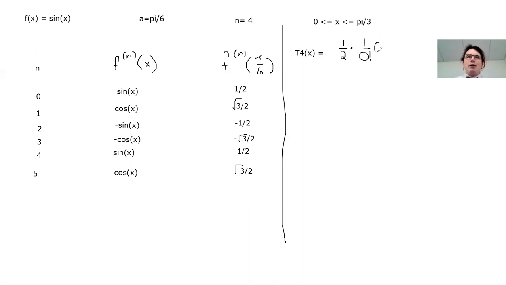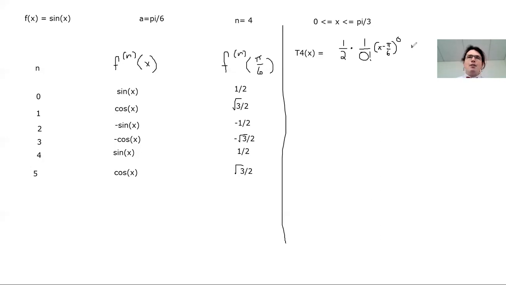And then I'm going to multiply this quantity by (x minus pi over 6) all to the power 0. Now, in the end, this expression here that I've written is just going to reduce down to 1/2. But sometimes I like to put the power 0 there and the divide by 0 factorial, just to make the pattern a little bit more explicit.